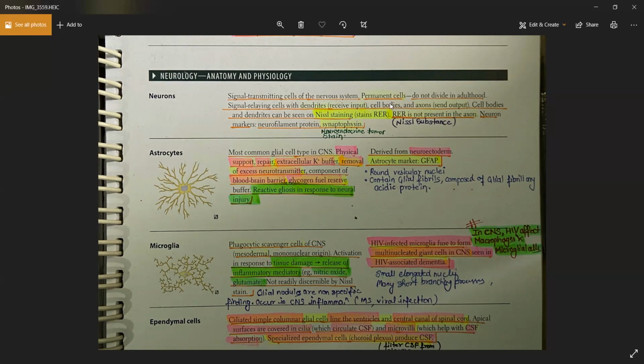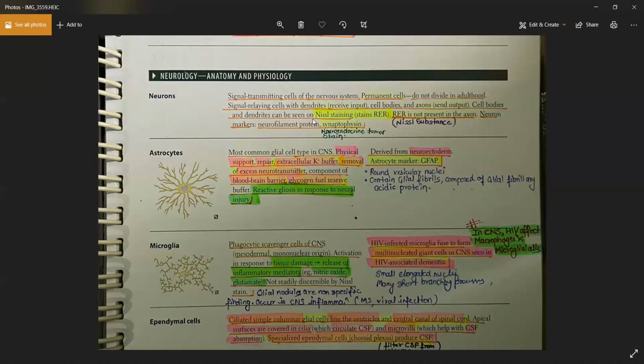The cell bodies contain the nucleus and other cell organelles, like the rough endoplasmic reticulum. The rough endoplasmic reticulum of the neurons is known as the Nissl substance or Nissl granules, and it is stained by Nissl staining. Very important.